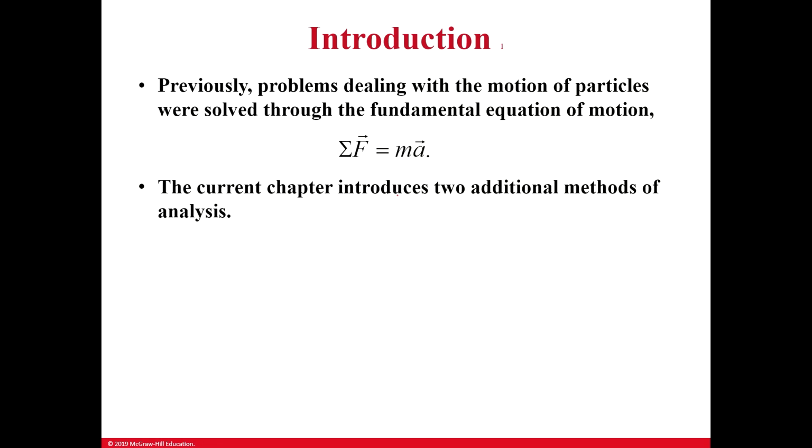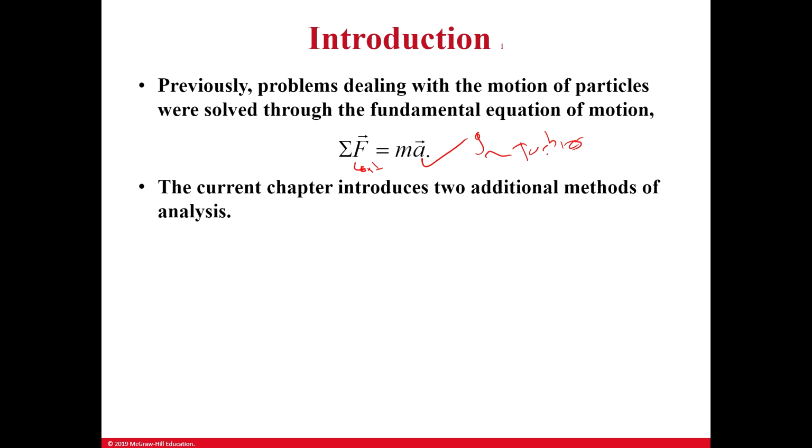So we already know that everything in this class is about Newton's law: the summation of external forces of a system, remember, external forces, is equal to the mass of the system, or the combined mass of the particles in the system, times the acceleration of the system. This acceleration could be gravity or could be because of turbines.